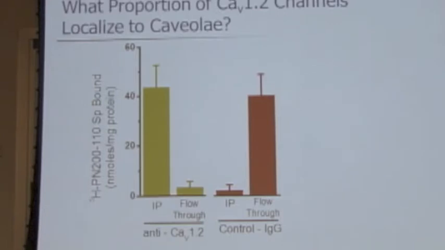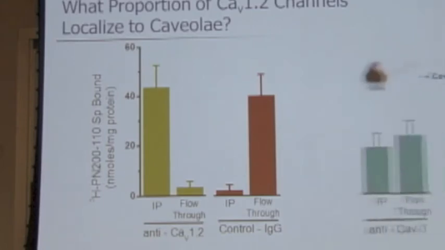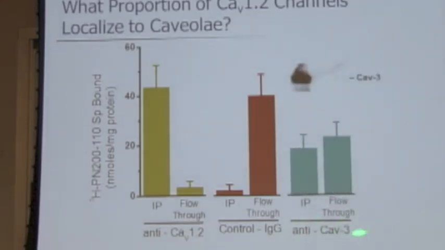So the next experiment then is not to use an antibody to the calcium channel itself, but to use an antibody to caveolin 3, the scaffolding protein present in caveoli, where we can pull down most of the immunoreactivity for Cav3, and we see little in the flow-through. And our IP now contains a little less than half of the tritiated PN200-110, whereas the flow-through contains a little bit more than half.